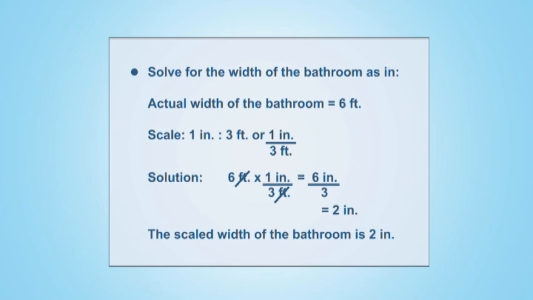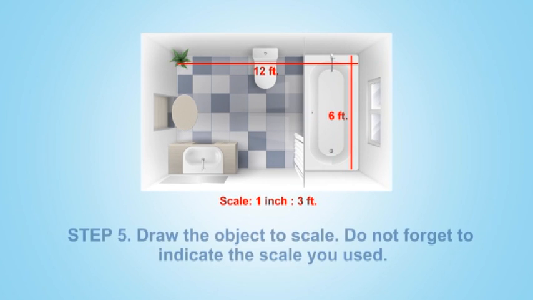To solve for the width of the bathroom, we take its actual width of 6 feet and divide it by 3. Multiplying the result by 1 inch, we get 2 inches. Therefore, the scaled width of the bathroom is 2 inches. Step 5, draw the object to scale. Do not forget to indicate the scale you used.